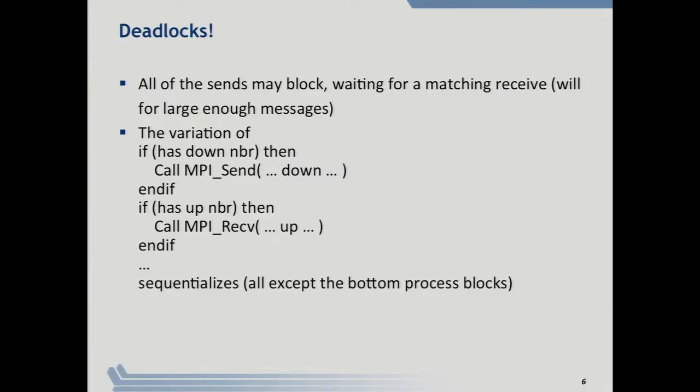So you can say, for example, if there's a neighbor below me, and I'm thinking of this just as a one-dimensional decomposition, so say strips, then do the send. And if it has a neighbor above me, then do the receive. Now, this may be the worst possible code. I say worst possible code because it works. It won't deadlock. It will complete. But it will be completely serial.